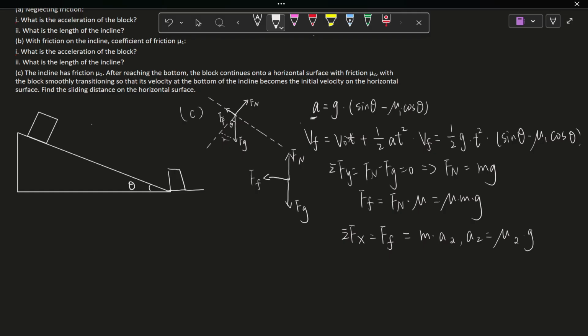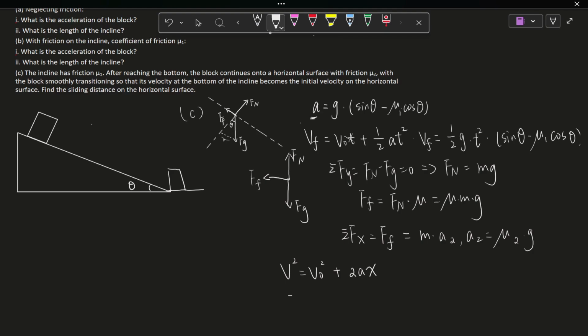So now we've figured out the acceleration. We know the initial velocity, which is over here. We're trying to find the distance it travels, so we can use the formula v squared equals v naught squared plus 2ax. Since the object comes to rest at the end, v is equal to 0.